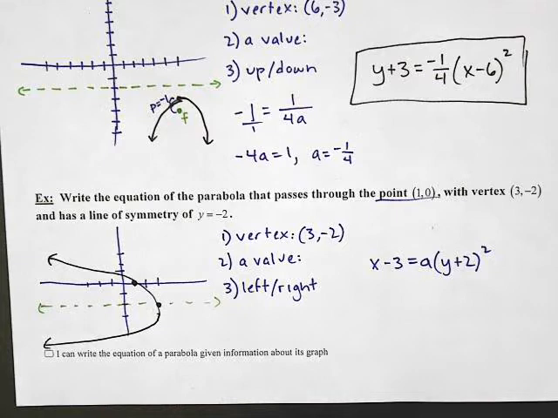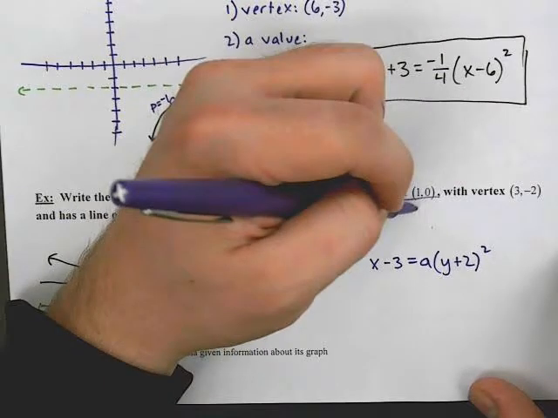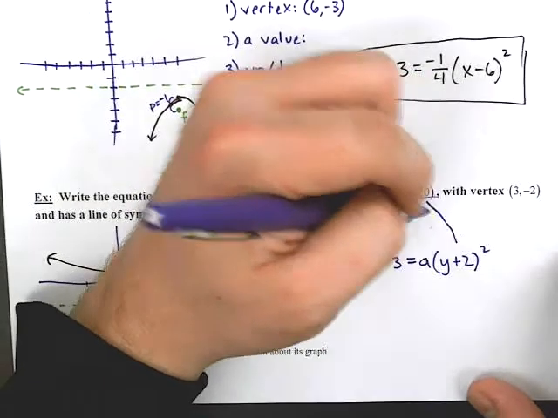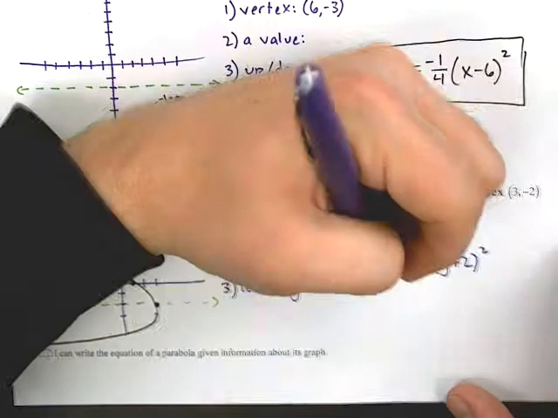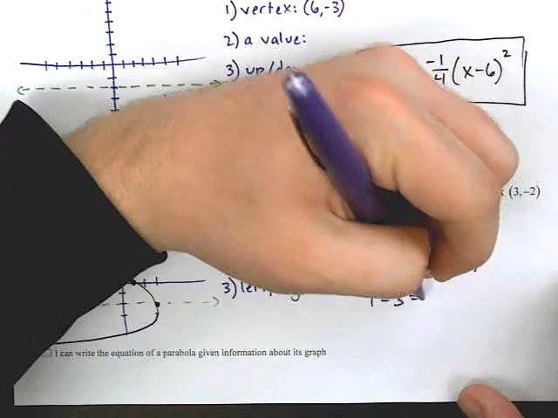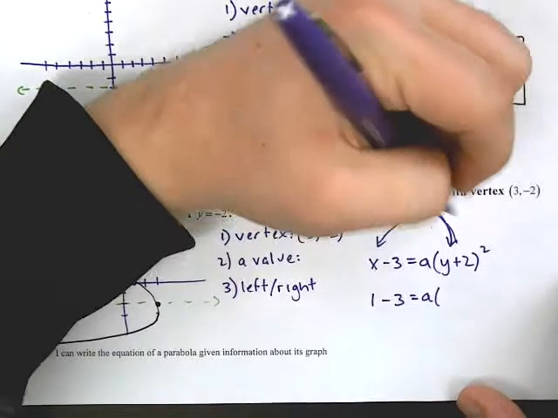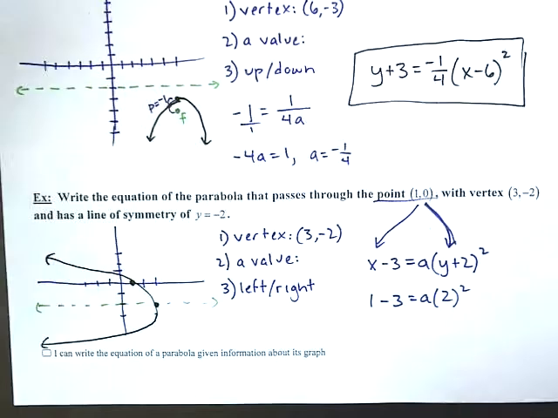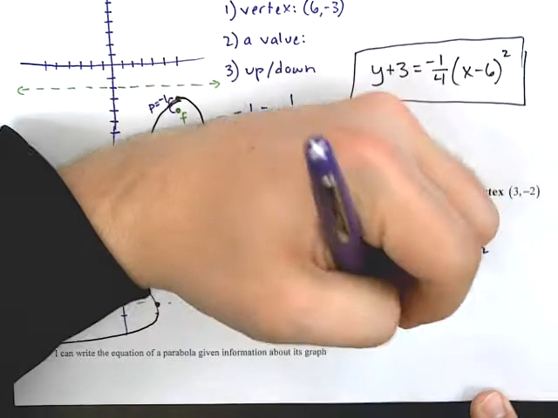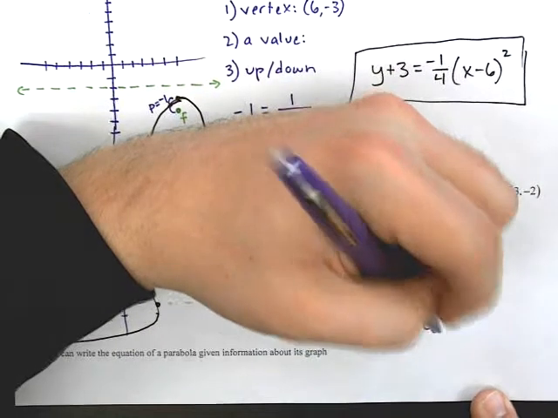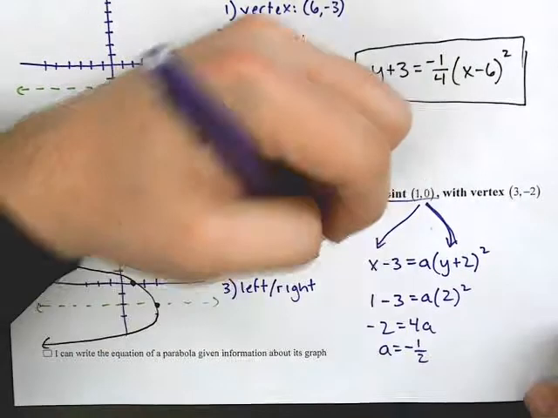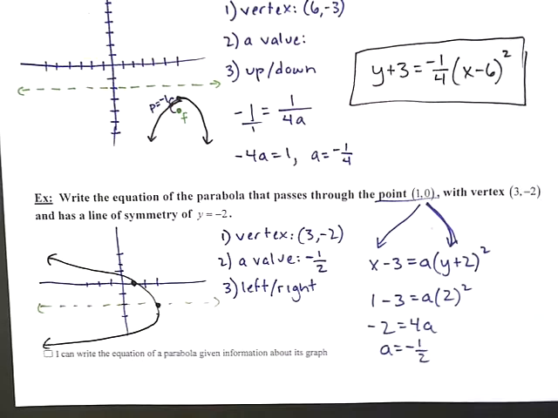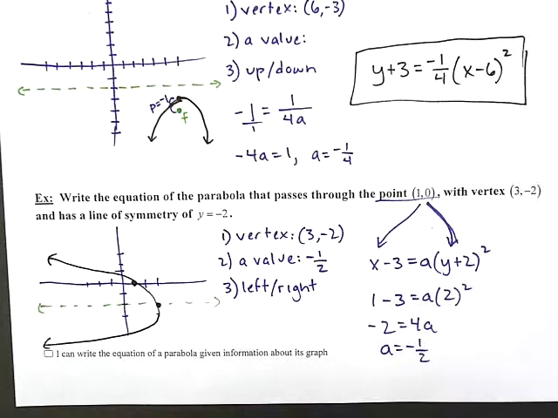Because now, again, I can plug this point in. So 1 minus 3 equals a, and then 0 plus 2 is just 2 squared. So if I keep going, I get -2 is equal to 4a, a equals -1/2, and now I have my a value. Okay? So this is how we finish up the problem.